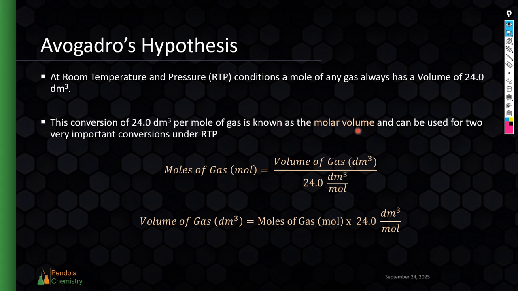And we can use that number for very important conversions in chemistry as long as we have room temperature and pressure. The minute that the temperature is not 25 degrees Celsius and the minute the pressure is not 1 atm, that number is no longer valid. Again, room temperature and pressure means 25 degrees Celsius of temperature and 1 atm or 101 kilopascals, which is a different unit of measurement for pressure.